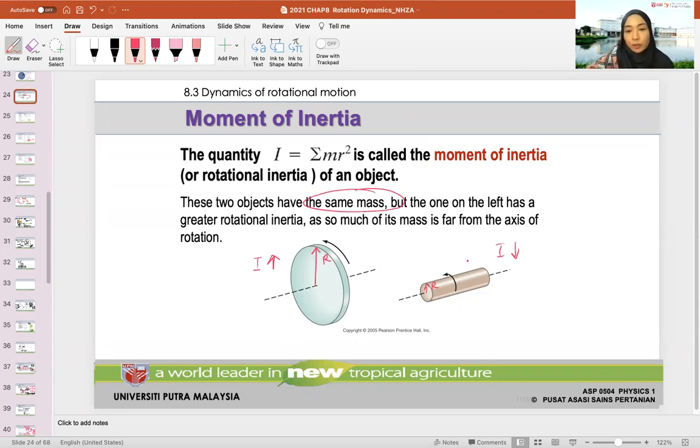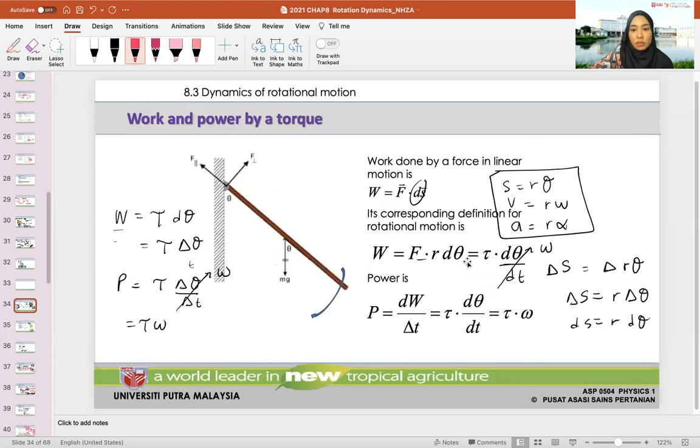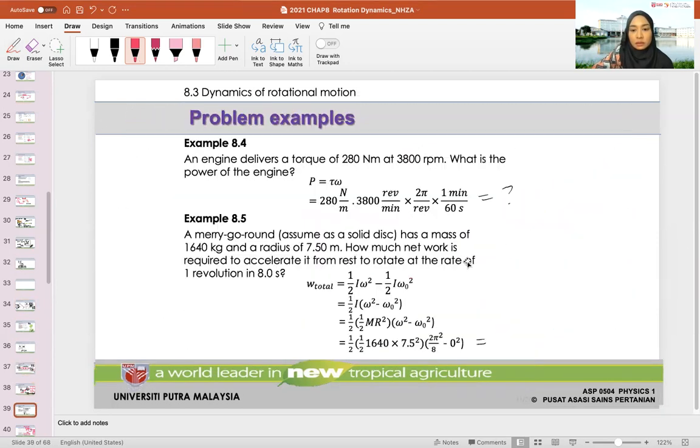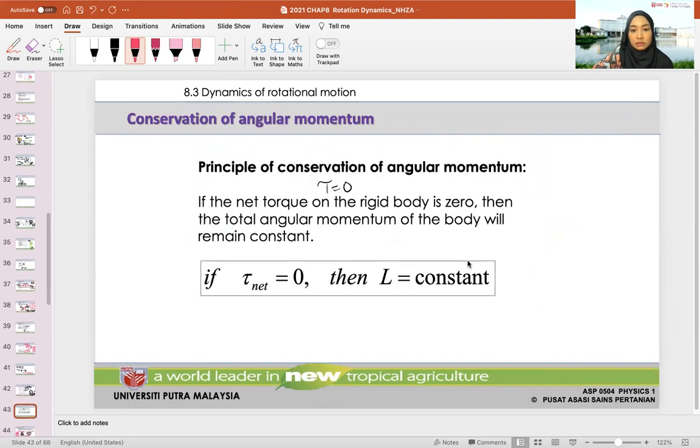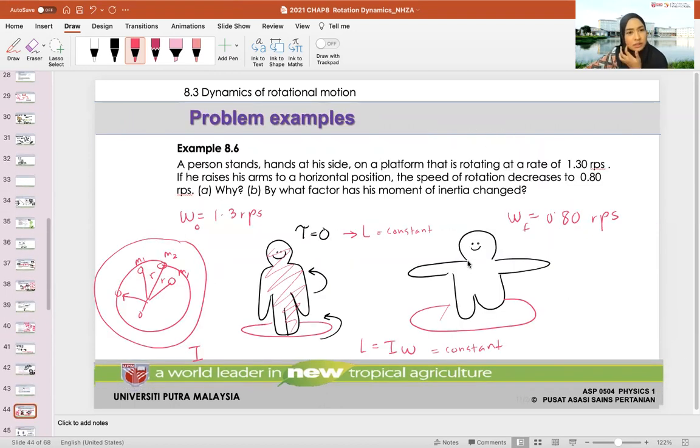Okay, so let's go back to our problem. So I have two guys here, right? No, this is the same guy. Which has the bigger I? Is it A or B? This is A and this is B. Which has a bigger I? B, right?